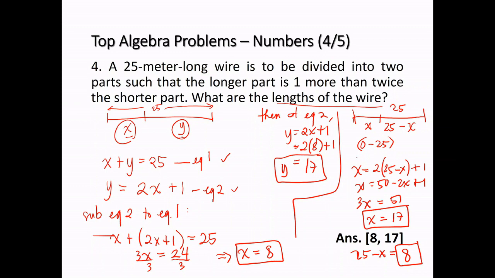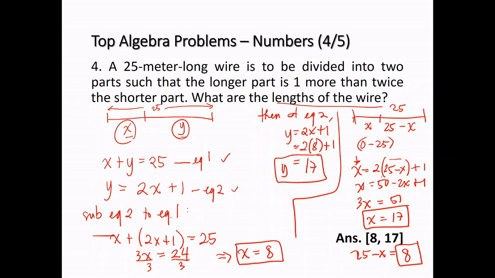We assume x is the larger part of the division of the 25 meter long wire. So it's stated such that the longer part is 1 more than twice the shorter part. So 25 minus x is the shorter part.